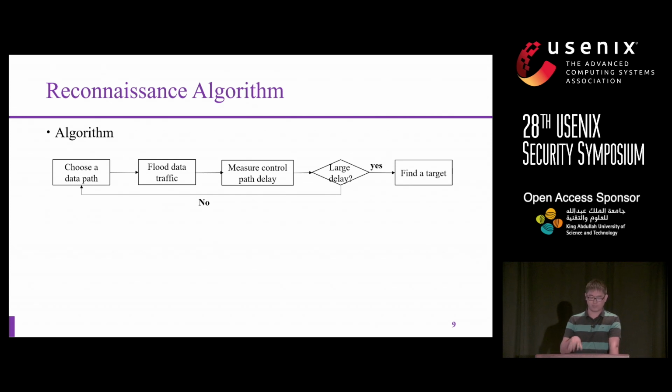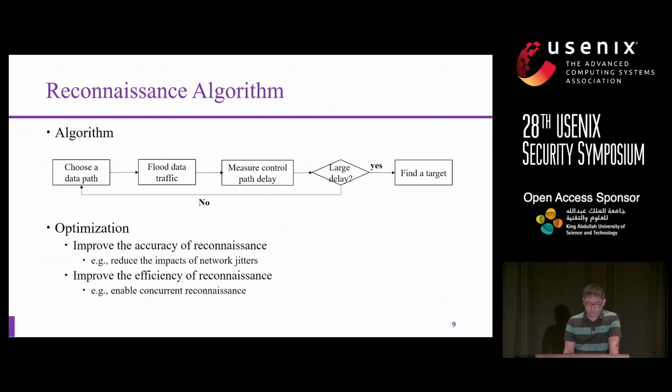If it is small, then the attacker should try another data path. In our paper, we also provide some techniques to improve the accuracy and efficiency of our reconnaissance, for example, to reduce the impacts of network jitters and to enable concurrent reconnaissance. Due to time limit, please see our paper for details.